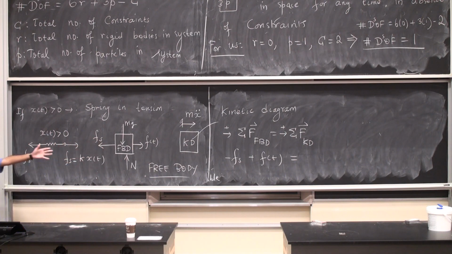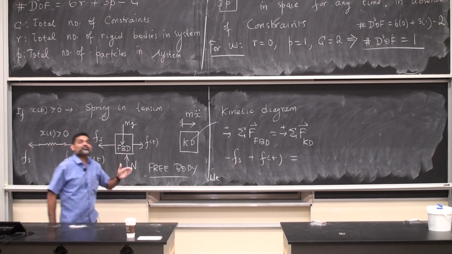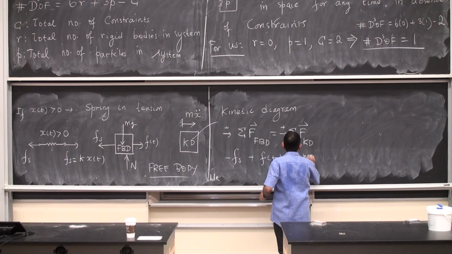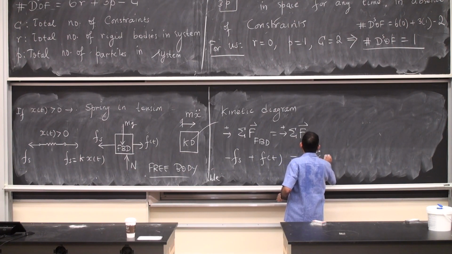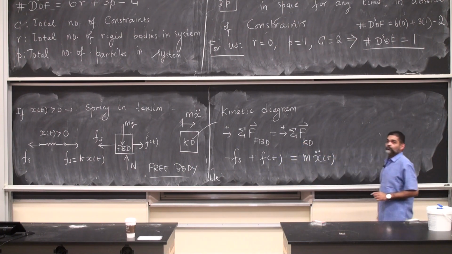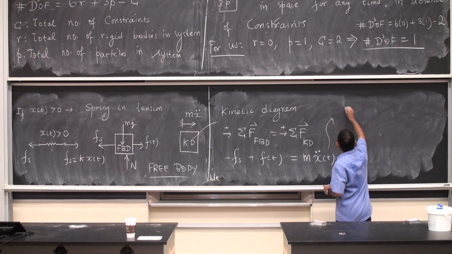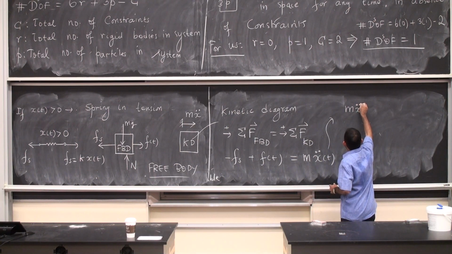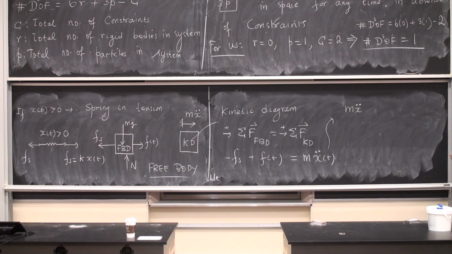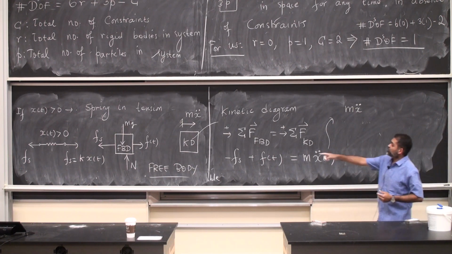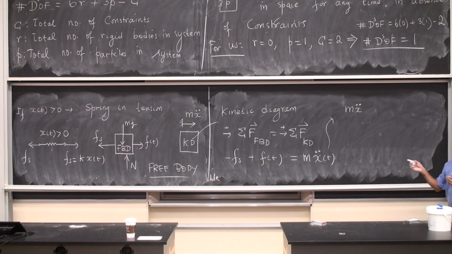On the kinetic diagram, what are the forces? Mass times the acceleration of this block, which is m times x double dot. Rearrange the furniture. m x double dot plus Fs, which is k times x. I bring the minus Fs to this other side.